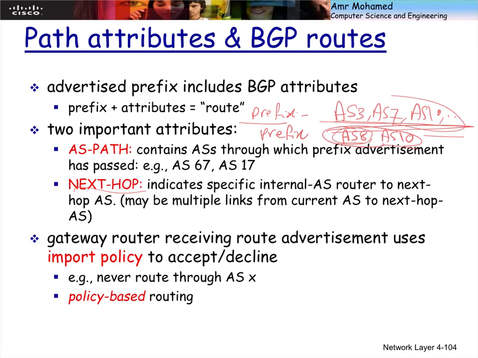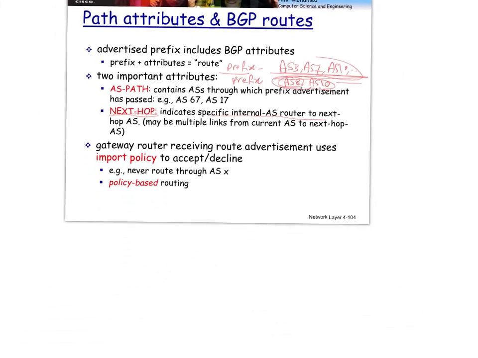And of course, the attributes also contain the next hop. The next hop here indicates the specific internal autonomous system router to the next hop, which in that case is the boundary router. It's actually the boundary router. So, just to visualize.